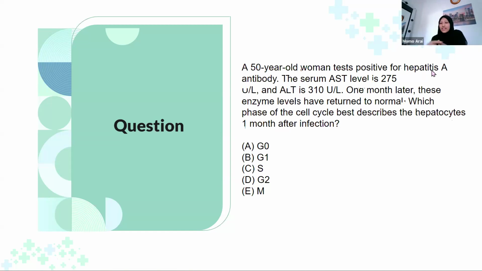When that happens, the liver cells leave G0, divide, and make up for the damage. It will help in regeneration because these are stable cells, okay? That's the main point. Now, one month after, the liver enzymes have returned to normal, which means the damage is done. As you said, since stress is removed, regeneration happened.